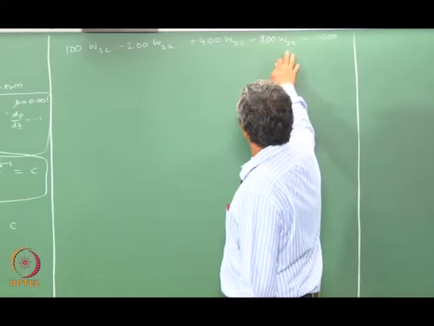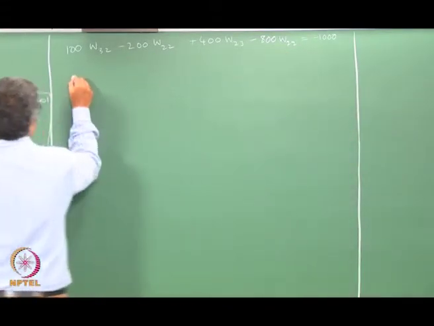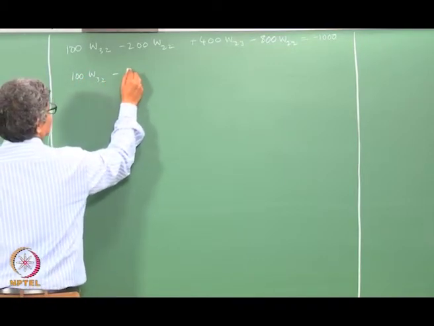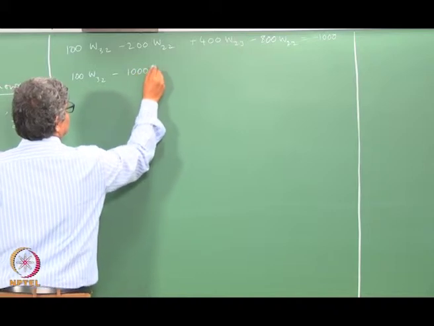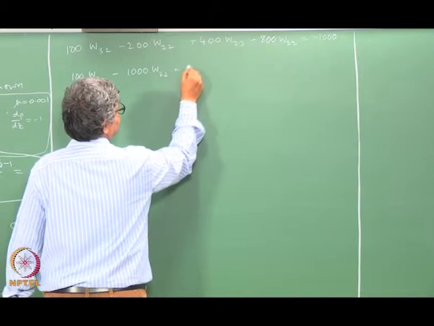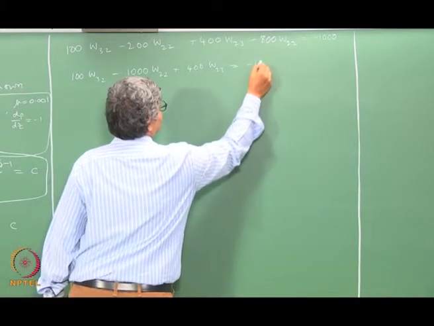Okay. So, minus 800 W22 and minus 200 W22 will finally give us 100 W32 minus 1000 W22 plus 400 W23 equal to minus 1000.